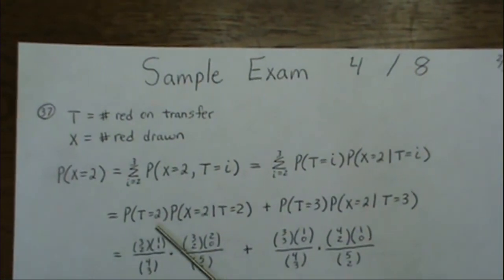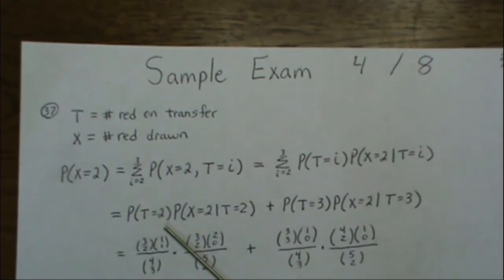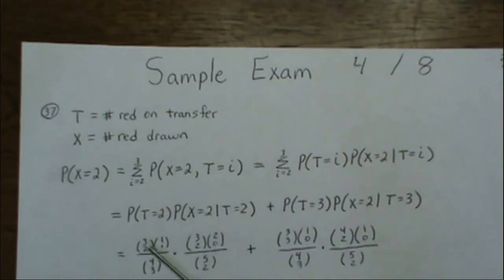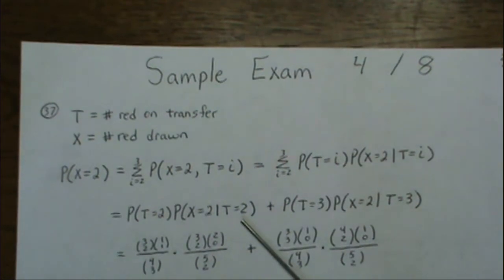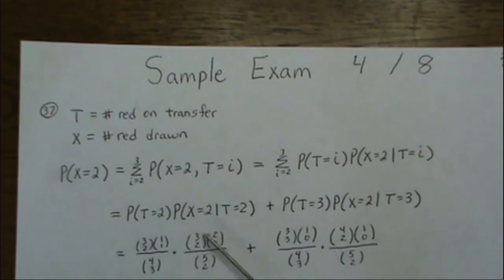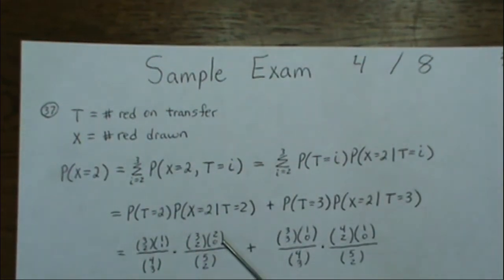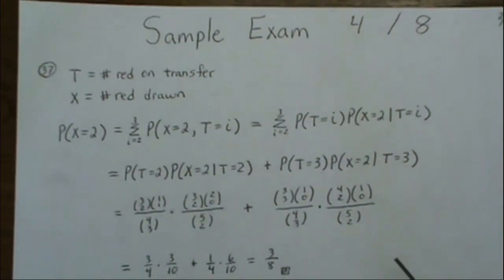The probability that we transfer 2 red balls is a hypergeometric, so it's 3 choose 2 times 1 choose 1 over 4 choose 3. And if we know we transferred 2 red balls, then the probability of obtaining 2 red balls is 3 choose 2 times 2 choose 0 over 5 choose 2. It's a hypergeometric. And the same way when t is equal to 3, we can find those probabilities.